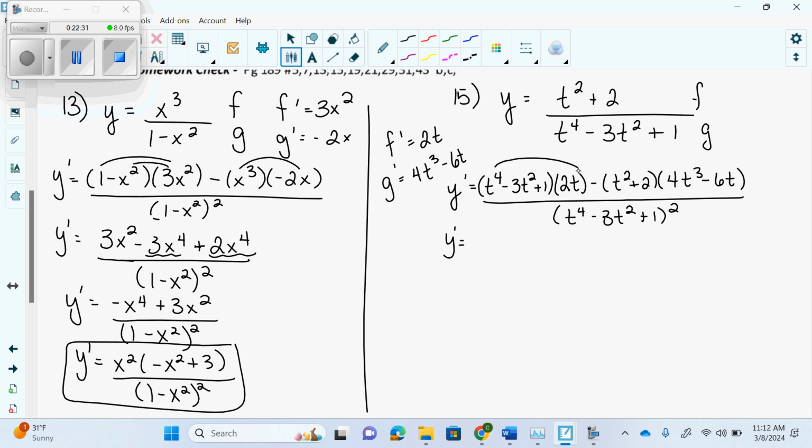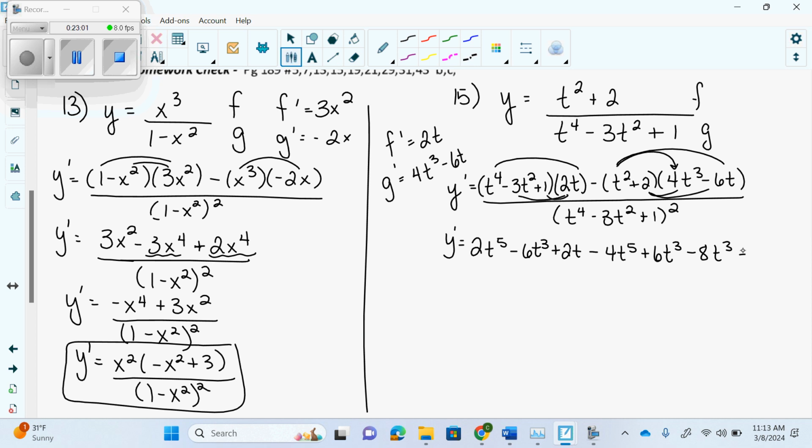So y prime equals 2t to the 5 minus 6t cubed plus 2t. T squared times 4t cubed is minus 4t to the 5. Then I get minus 6t cubed and negative, so plus 6t cubed. 8t cubed with a negative sign in front, so negative 8t cubed.